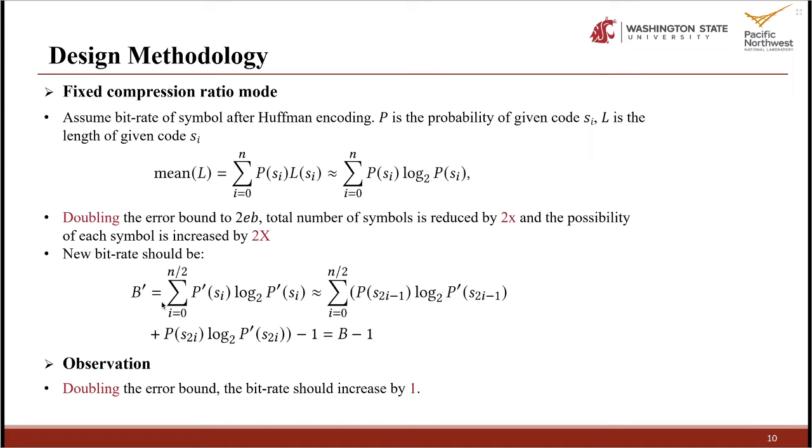B prime is the bit rate of 2 times error bound. B prime is equal to B minus 1. B is the bit rate of 1 times error bound. So we can conclude that when we double the error bound, the bit rate should decrease by 1. And we will use this policy to adjust the error bound to make sure we can reach a targeted compression ratio.